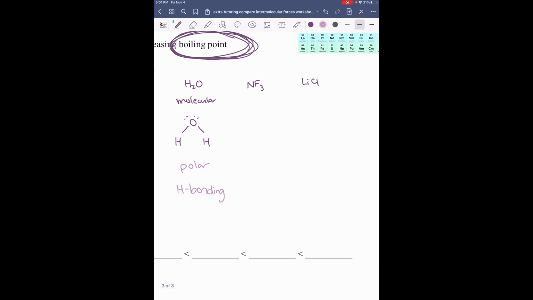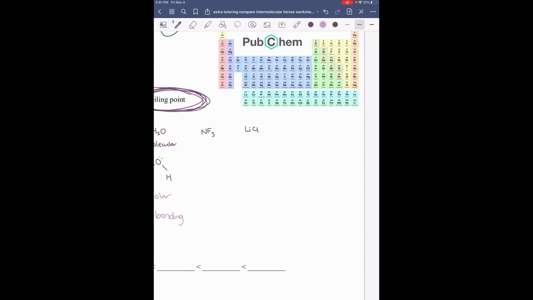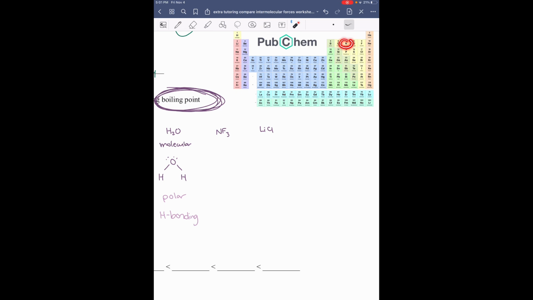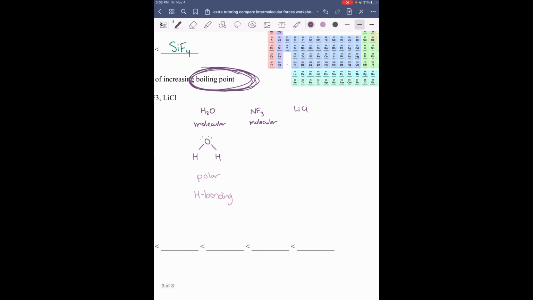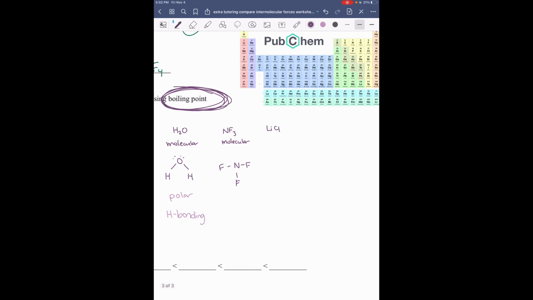Then we have NF3. Where's that on our periodic table? NF3, that's molecular. How do you figure out if it's polar or non-polar? Draw it out. Nitrogen wants those 5 for its formal charge to be 0, so lone pair.